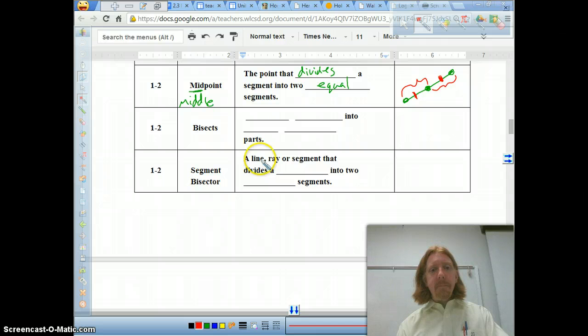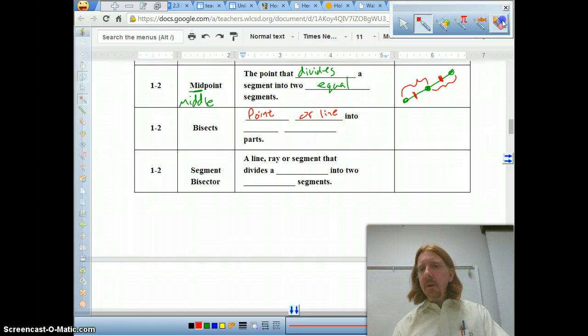Bisects. This is going to be a segment, a point, or line. Let's start that over.